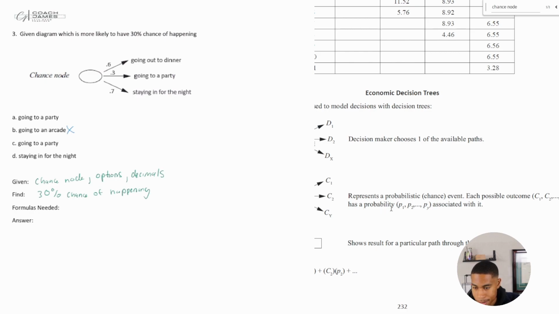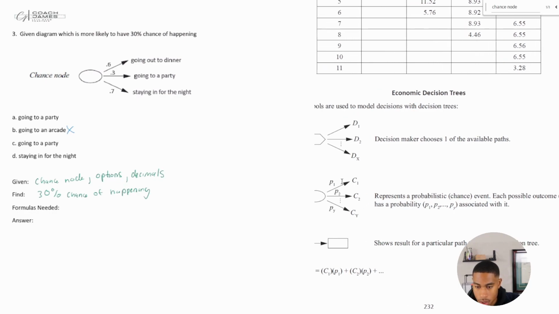And then it says it has a probability, P1, which is whatever is there. So this looks like a 0.6 probability or 60% probability that you can go out to dinner.